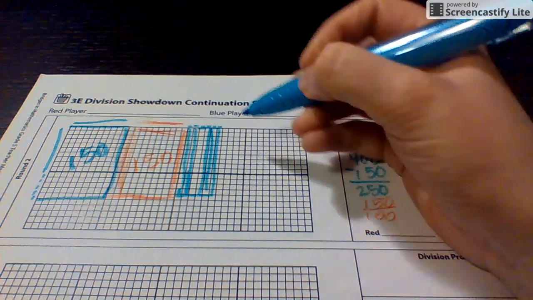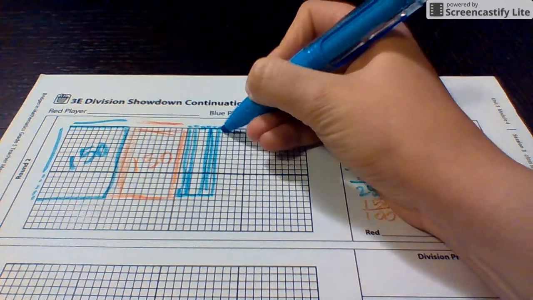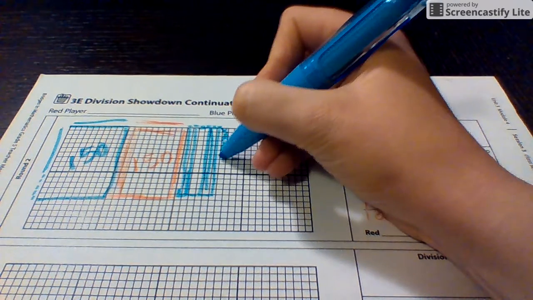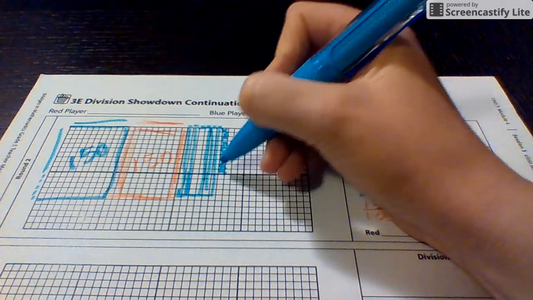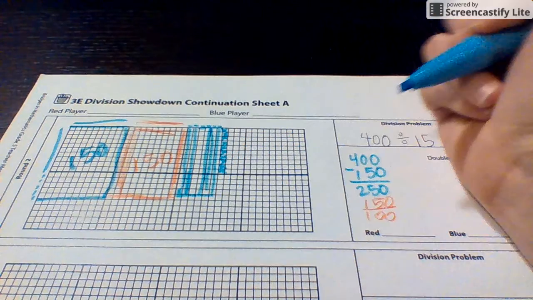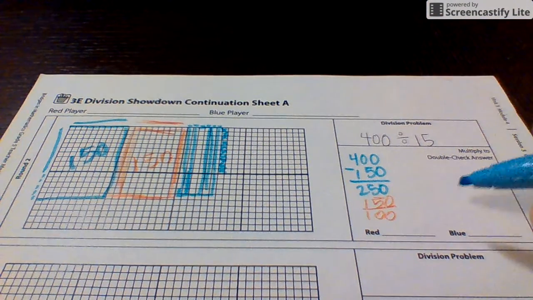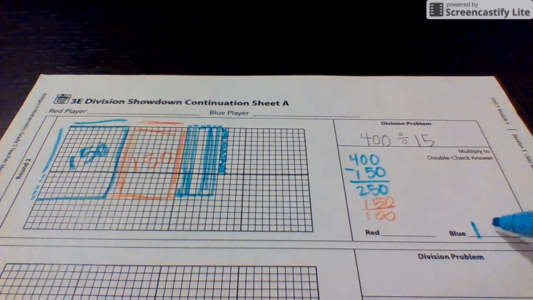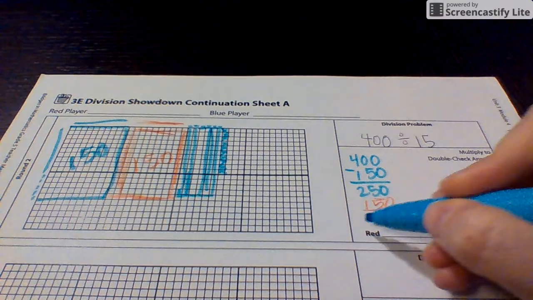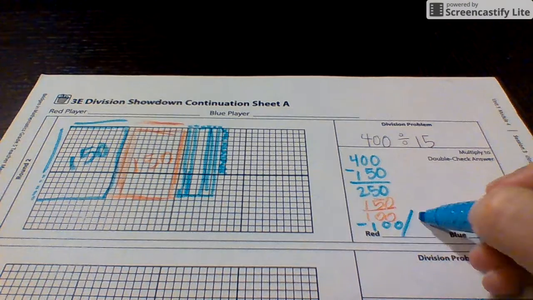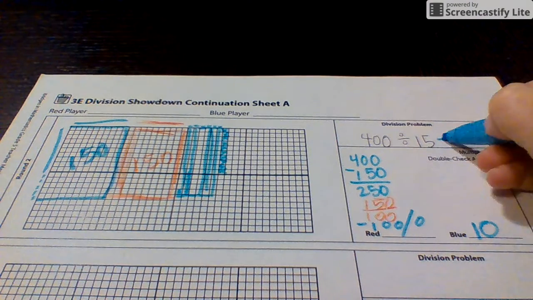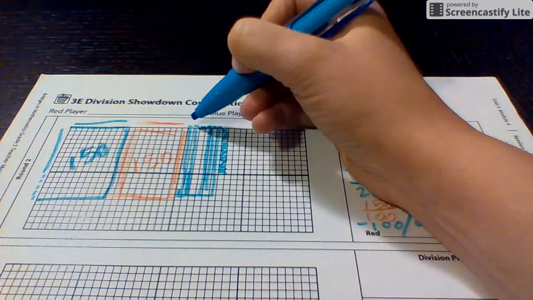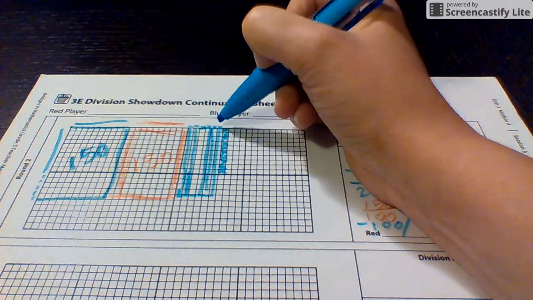Then I have 100, so I've got 10 left over. 1, 2, 3, 4, 5, 6, 7, 8, 9, 10. Because I can't make that other group of 15. So the blue player wins again because they get the 10 points from the remainder. I'm going to subtract their 100. They got down to 0. They're going to put the answer, which is 10, 20, 21, 22, 23, 24, 25, 26.